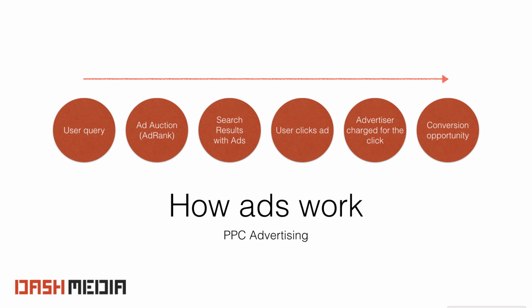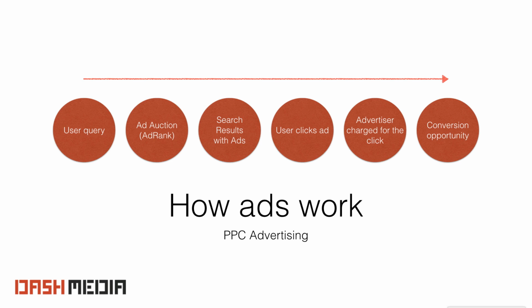At that point, every time somebody does that, Google runs an auction process through its ad network to decide which ads are going to be displayed on the results page for that user's query. And this is where we'll get into a little bit later in this video, talking about AdRank, which is the name that Google gives to the calculations that determine where something's going to end up on that search results page.